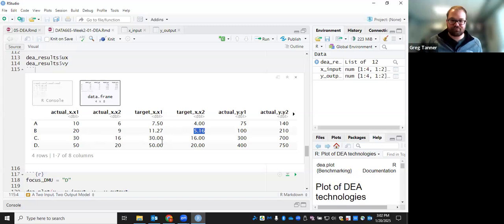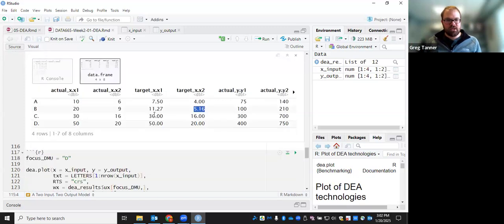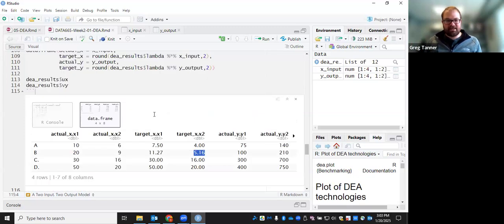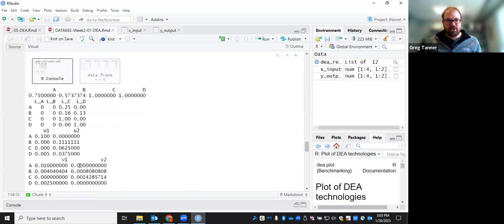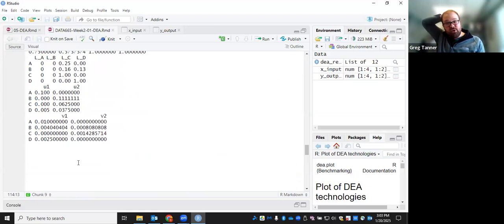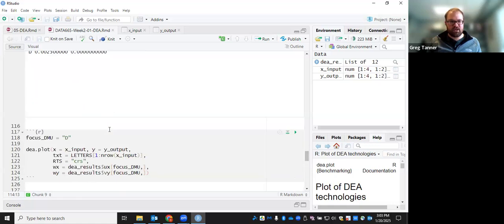Okay. Now, if we want to plot them, now that we have these weights, we can use those weights to plot not the input versus the output, but the value of the input versus the value of the output using that DMU's weights or values, U1s, U2s, V1s, V2s.